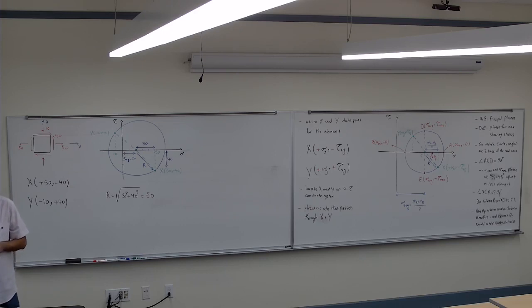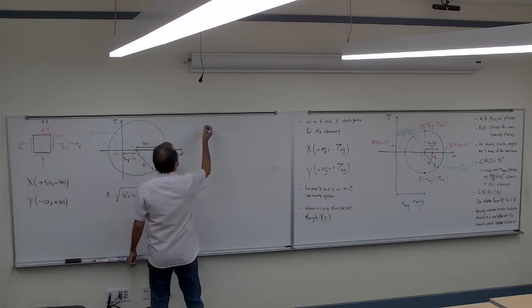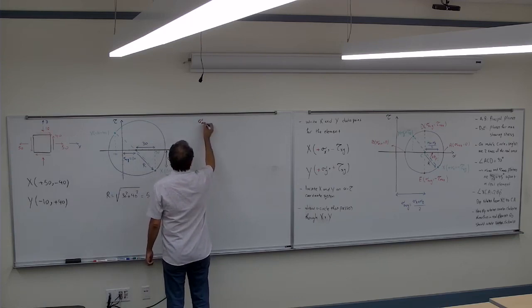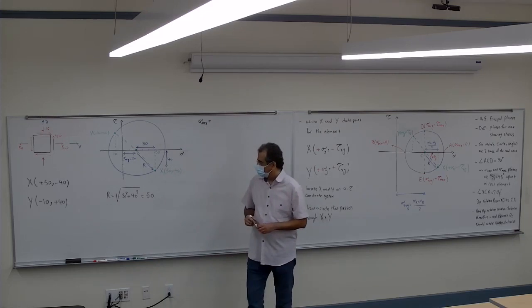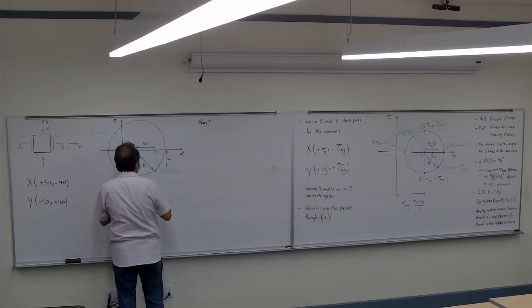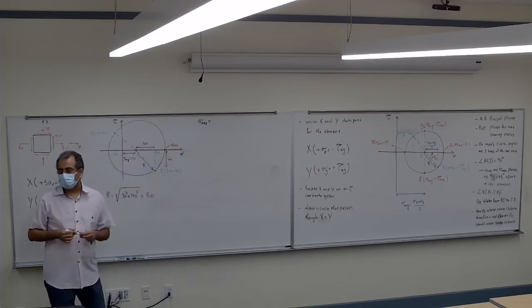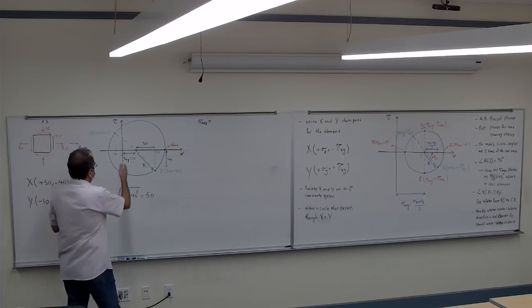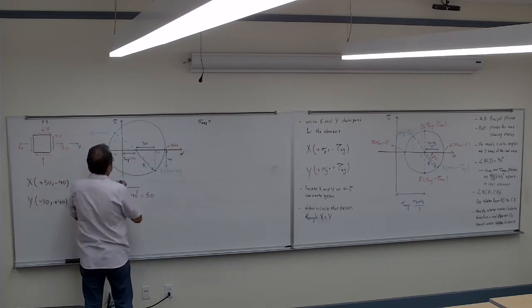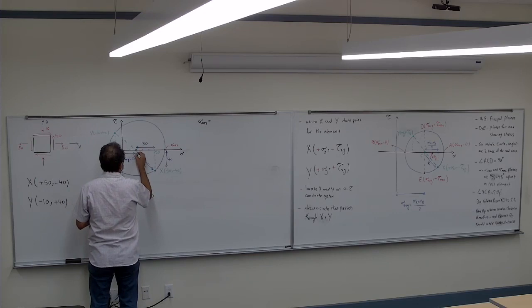Now, what I want is: what's the sigma max, what's the sigma min, where it happens, what's the tau max, what's the tau min, where it's happening. So I start with the sigma max. What's the sigma max? 50? Nope. Oh, wait, no, that's not it. Sigma max is here. That's the sigma max.